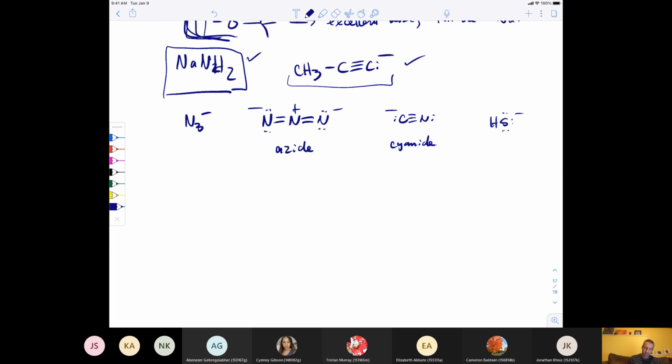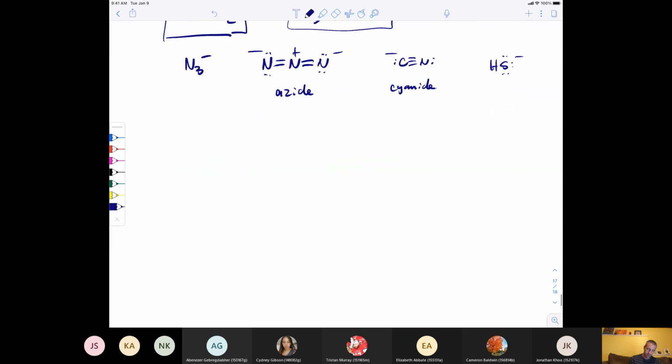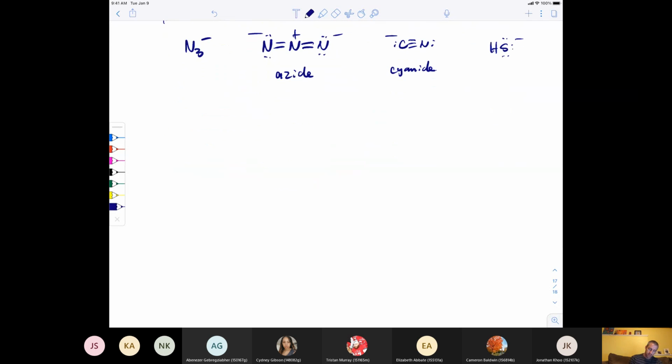All these are bases, but they're all weak bases, so they're not good for E2. This is hydrogen sulfide; generally we'll call them sulfides, where H can be R. Halides: Cl-, Br-, I-, F-.